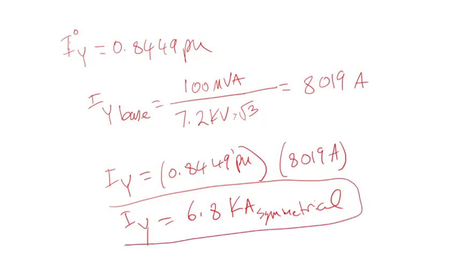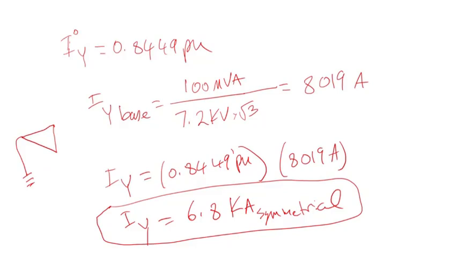So the tertiary has to be designed to handle at a very minimum 6.8 kA. So that's what the tertiary, the delta winding that I showed earlier. I showed the delta winding with one corner of the delta grounded.